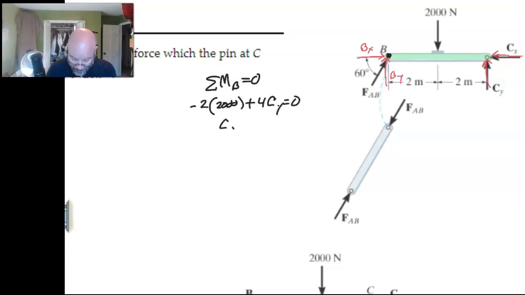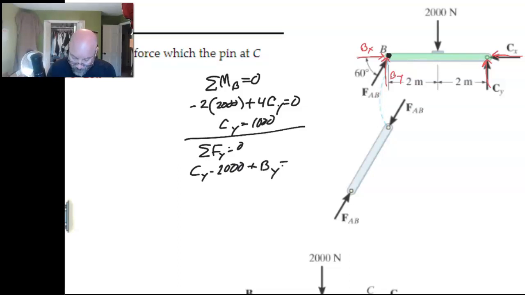And so right away I learned that CY has to be 1,000. Okay. All right. Now, vertically, okay, what we're going to have is CY minus 2,000 plus what I called BY. Okay. And from that, we learn immediately that BY is 1,000.